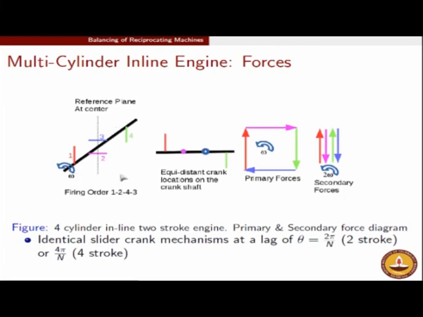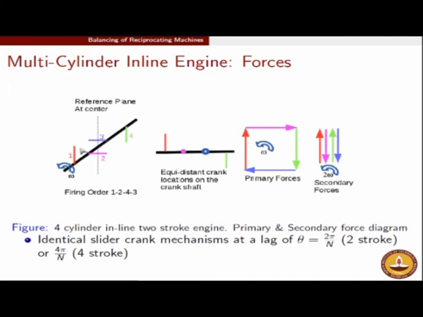Now in side view, this same diagram will look like this, which is not very important. What is very important is to understand that the forces which are transmitted to the frame are along the direction of slider motion, right. So we have already said that we can replace the primary forces with an equivalent system which is rotating in alignment with the crank, but then we should take only the x component of it.